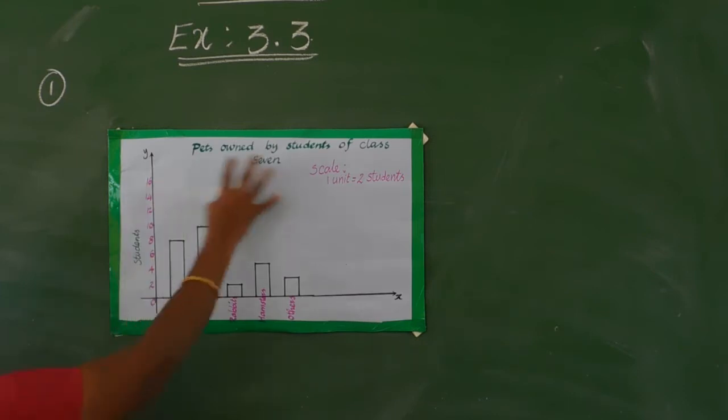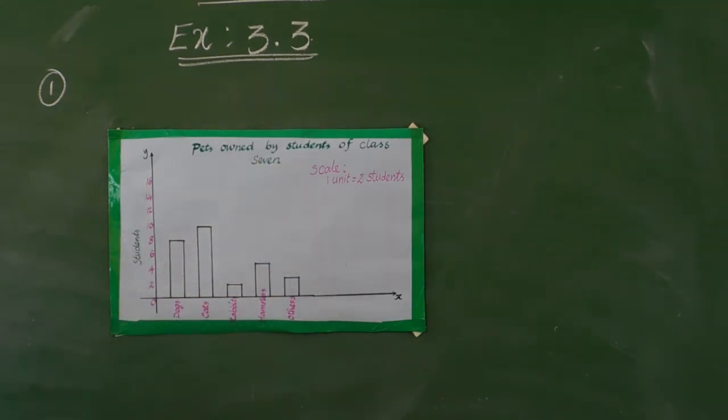In the graph sheet there are very small boxes. Each box contains 10 small lines vertically and horizontally. We take each box as 1 centimeter.